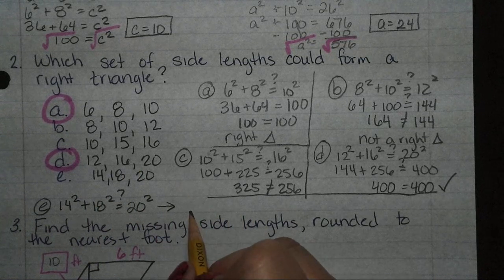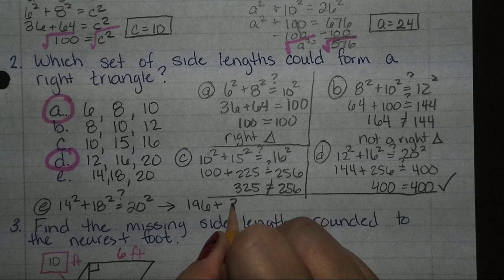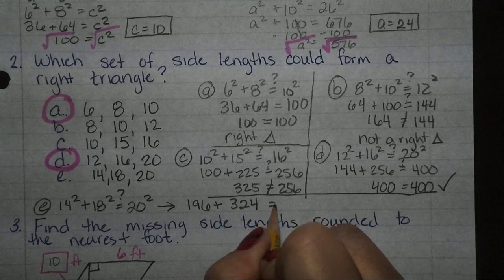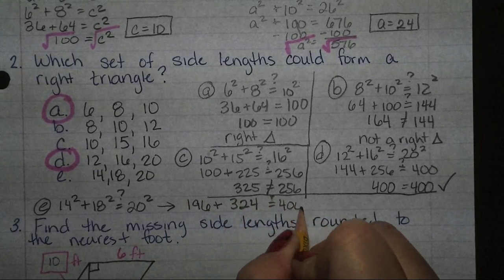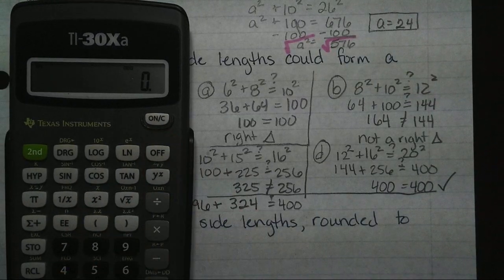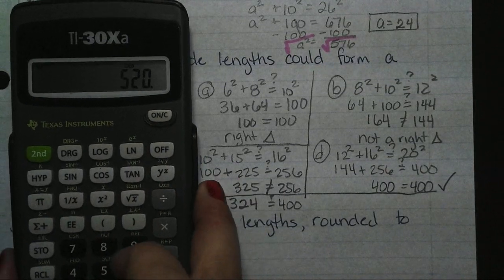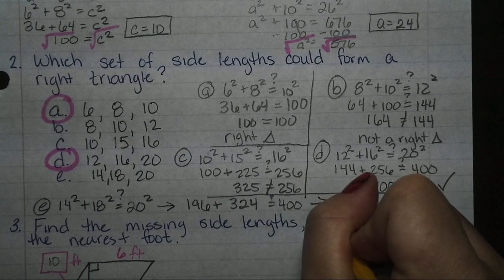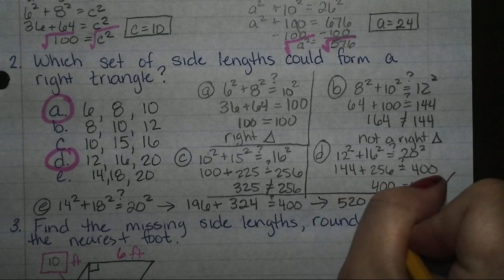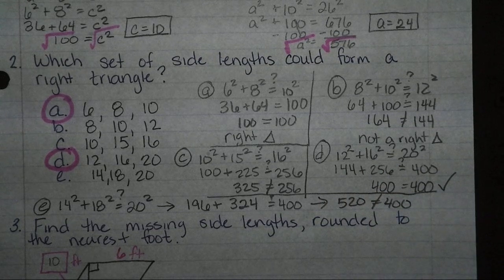If we work that out, we would get 196 plus 324. Does that equal 400? Let's bring out the handy dandy calculator. 196 plus 324 is equal to 520. So 520 does not equal 400, so it is not a right triangle.